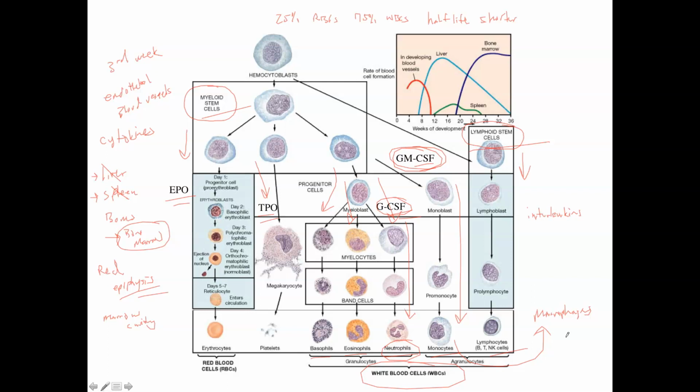Monocytes are the third most abundant white blood cells. So neutrophils are first, followed by lymphocytes, then followed by monocytes. So it's a very important lineage of white blood cells in terms of immunity for the body. All of the white blood cells, though, obviously have a variety of roles. We know that lymphocytes are vitally important to combating predominantly viral infections.